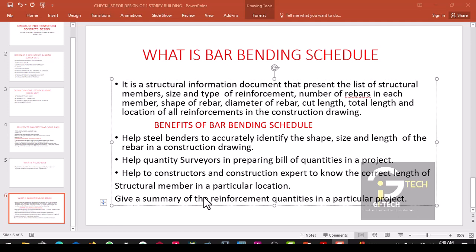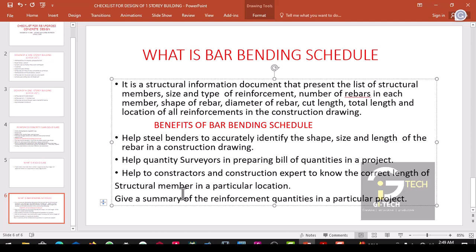It helps contractors and construction experts to know the correct length of structural member in a particular location. Then lastly, it gives a summary of the reinforcement quantity in a particular project.